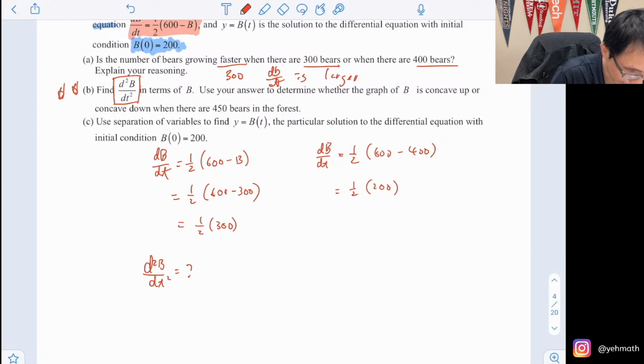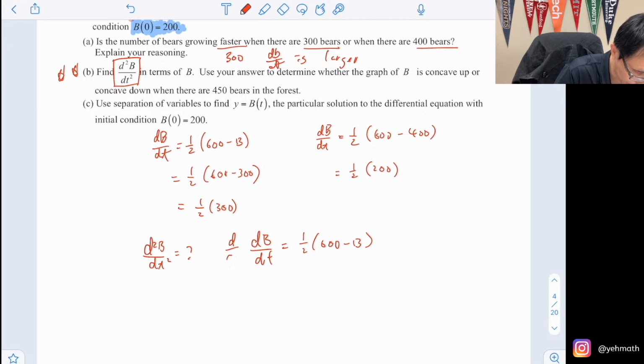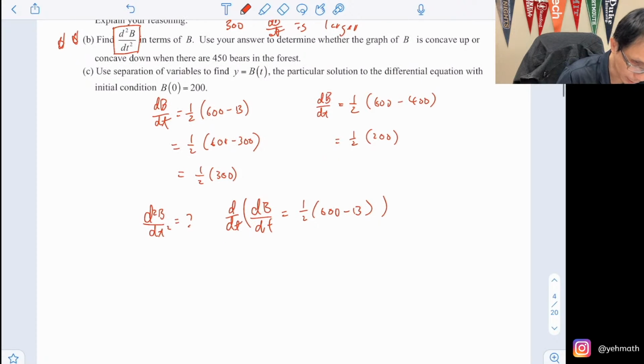So we have dB/dt equal to 1/2 times (600 minus B), and then I take a derivative with respect to time. Don't worry about writing, just pay attention.